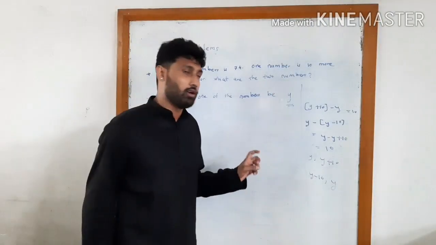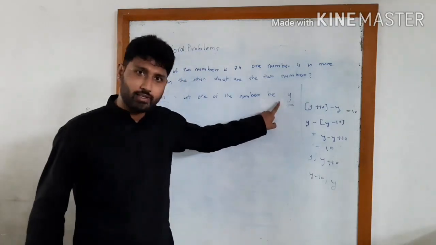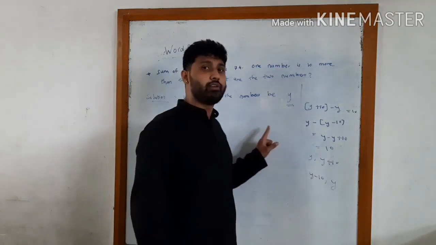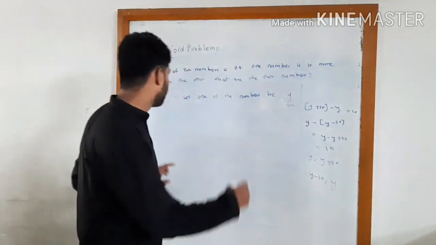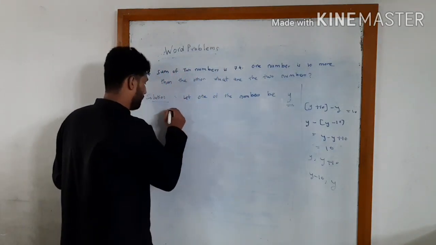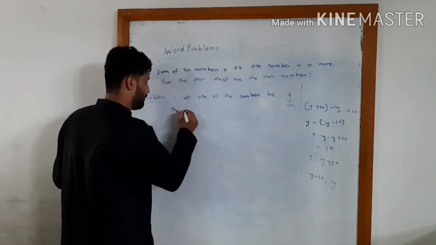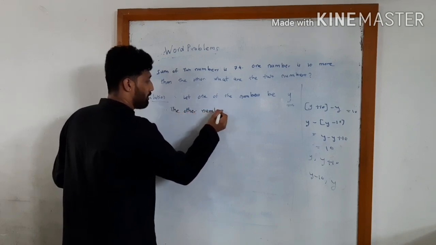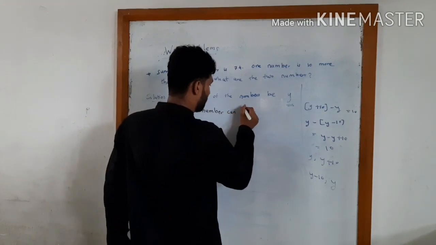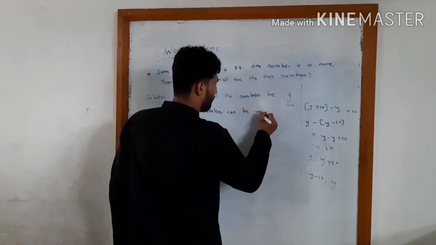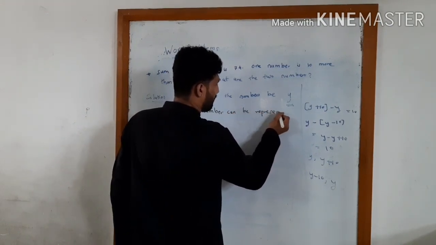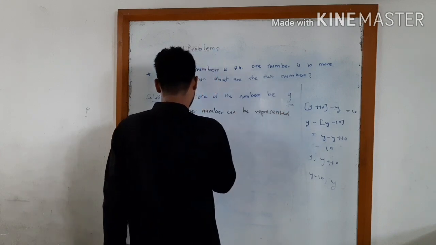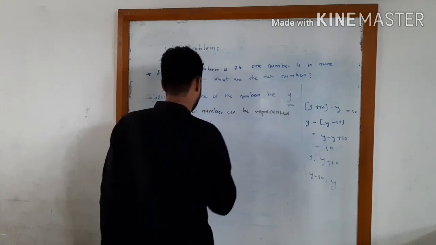Let's do by the next method. Let one of the numbers be y, the same step. The second number we are going to take as y minus 10. Therefore, the other number can be represented as y minus 10.